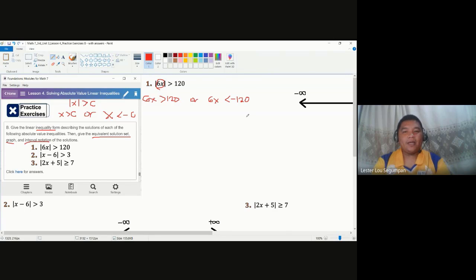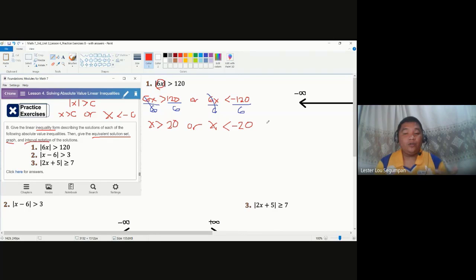Please look at the general format again. It should be x here. So we need to come up with an expression that has only x on this side by dividing this by 6. I will also divide this by 6 here. This is also true for the second statement. Divide this by 6 and then divide this by 6 here. And then that could cancel out, and we come up with x is greater than positive 20, or x is less than negative 20.